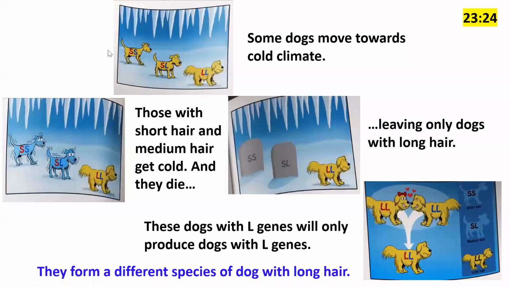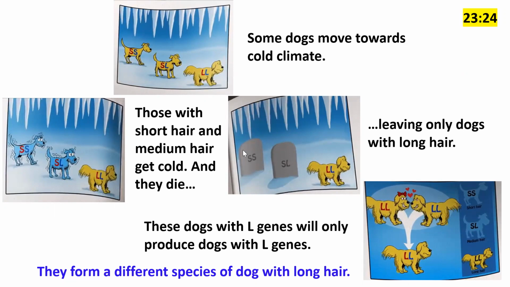So, following this principle, let's say some dogs move towards a cold climate, a colder place. What happens? Those with short hair, the SS, and the medium hair, SL, they get cold, they can't stand it, and they die.